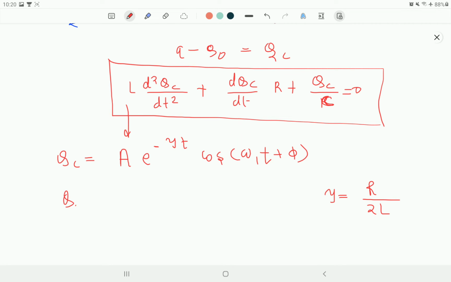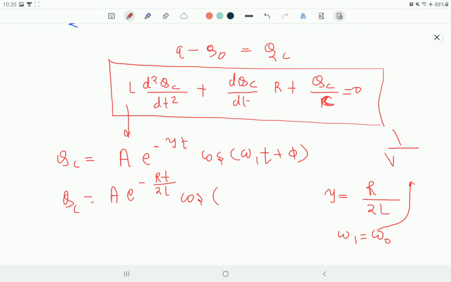So here qc could be written as A to the power minus Rt by 2L cos, and here omega 1 is equal to omega naught, which is 1 by root LC. Now what is omega naught?